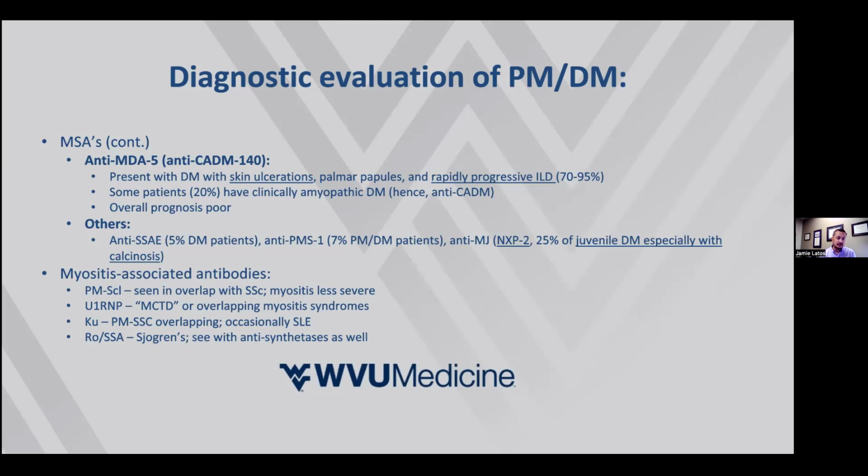And sadly, this phenotype of myositis is not as likely to respond to even some of the most aggressive immunosuppressants that are out there. So they generally have a much poorer prognosis overall.